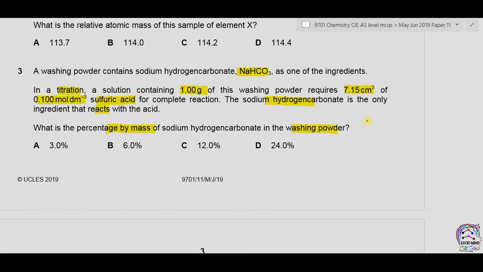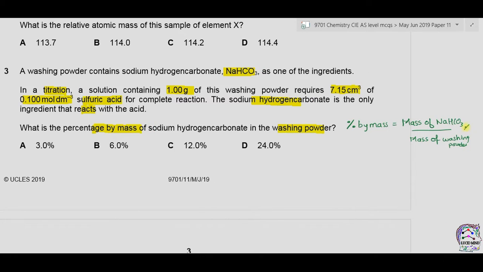We can find percentage by mass by using this formula. It is equal to the mass of sodium hydrogen carbonate in the sample divided by the mass of washing powder, which is given, multiply by 100.